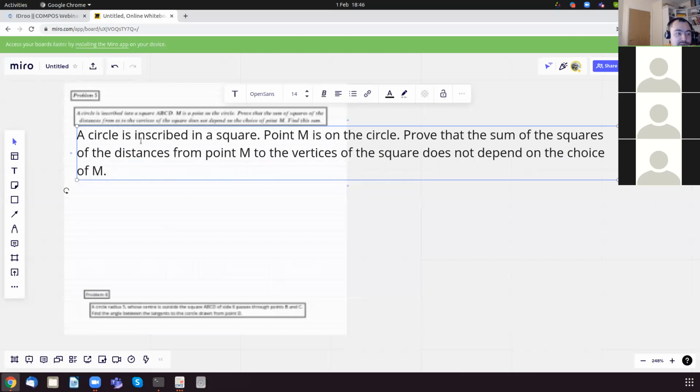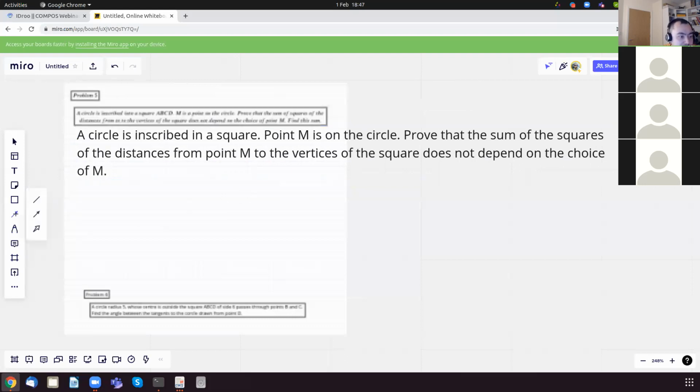So we have a circle inscribed in a square. Point M is on the circle. Prove that the sum of squares of this. So nowhere here do you see a mention about any coordinate system whatsoever. But that's not a problem. You can always introduce one.